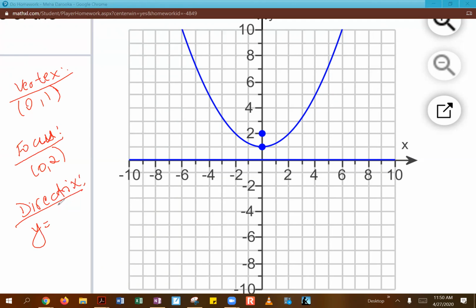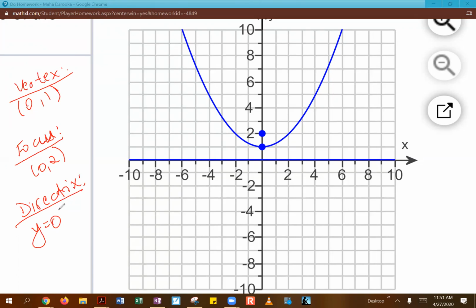It's right on top of the x-axis, right? Yeah. So what is the y value at the x-axis? Let me see, Alexander has y equals 0. That's correct, Alexander. Yeah, very good. So y equals 0 is going to be the equation for our directrix.